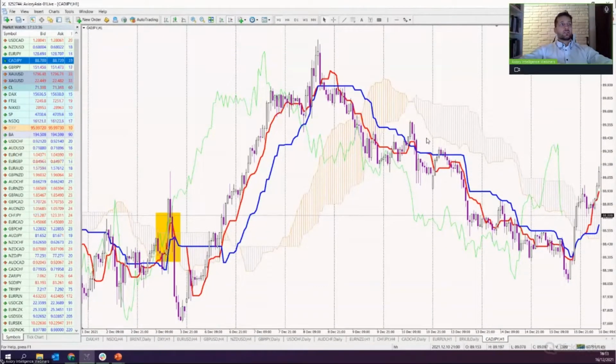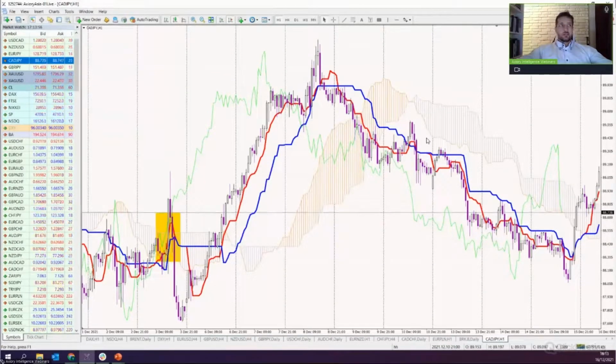If you trade crossings of moving averages, it would be really nice to use trending instruments, because crossings of moving averages in a sideways trend give really bad trading signals.